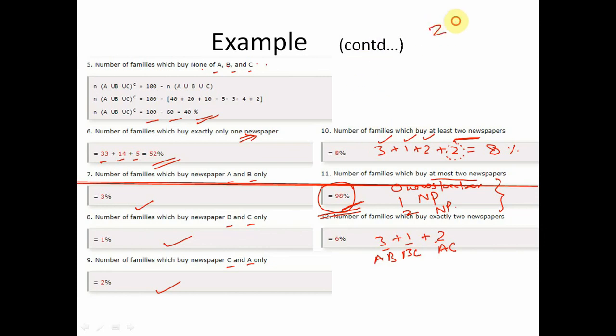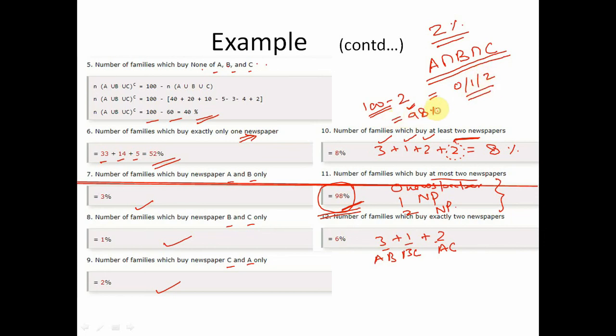I know that 2% families are buying all the 3 newspapers. So what will be the number of families who are buying at most 2? That will be 100 minus 2. So 100% families, then I exclude the families which are buying 3 newspapers. So I'll get families which are buying 0 newspapers, 1 newspaper, or 2 newspapers. So that is 100 minus 2, that is 98%.